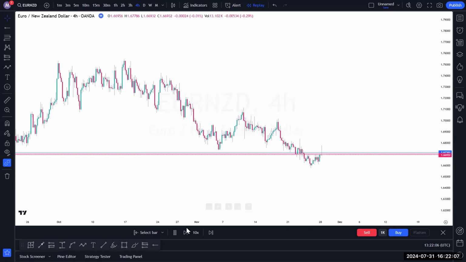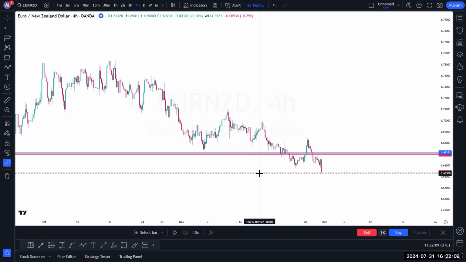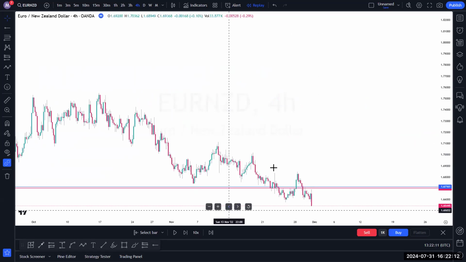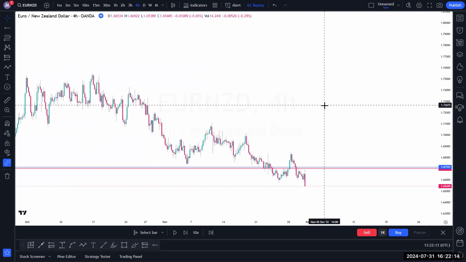Okay, price should have come, but watch out. Watch this area of liquidity. Watch out. So not every time will it be a winning trade.